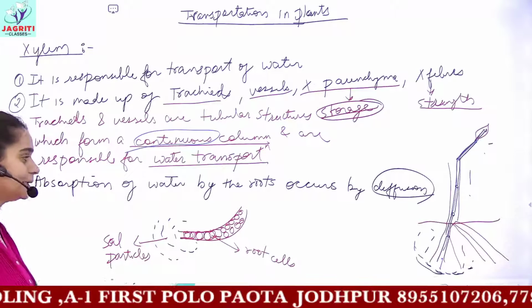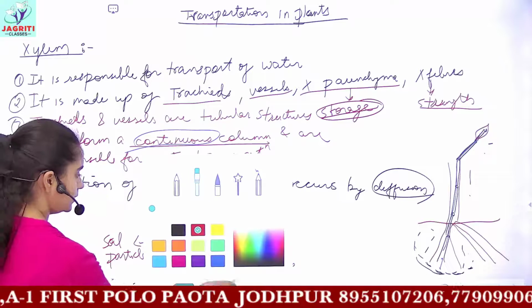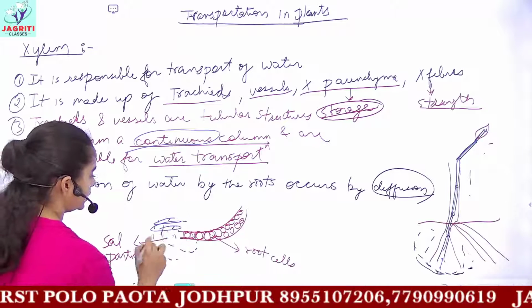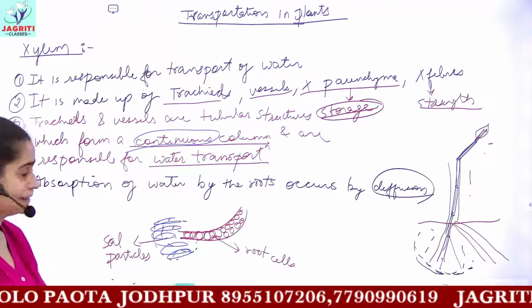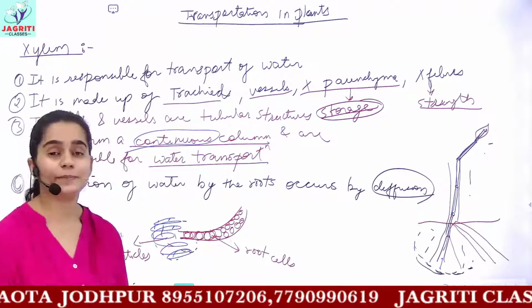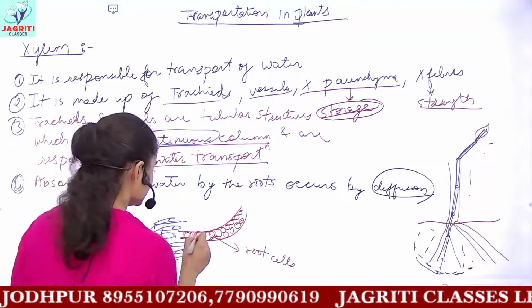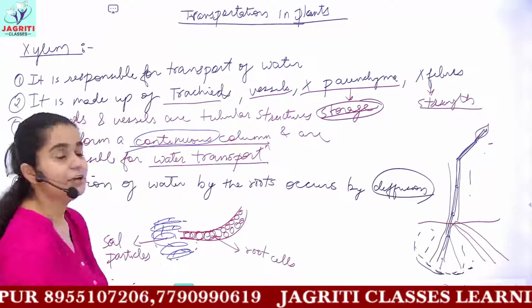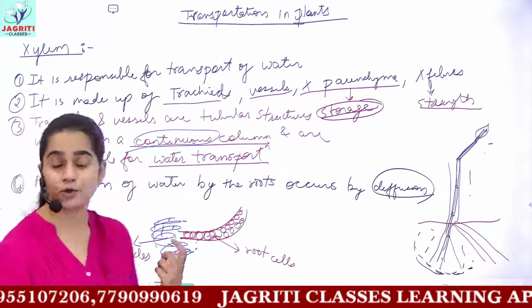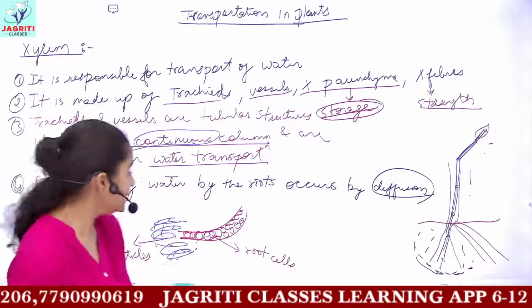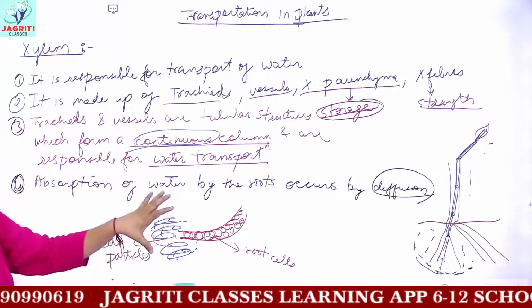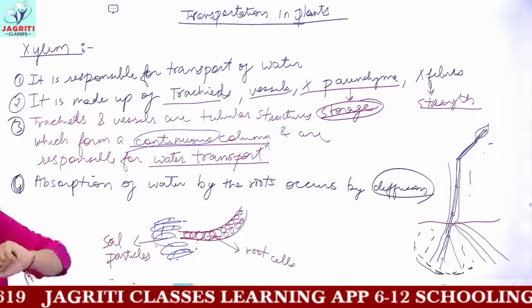Now what would happen when you water the soil? The amount of water in the soil increases compared to the amount of water present inside the cells. These cells have less amount of water in the form of cytoplasm and cell sap, everything, compared to the quantity of water present outside the cells.